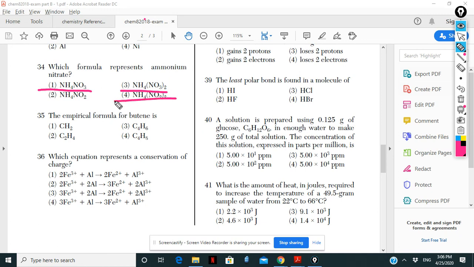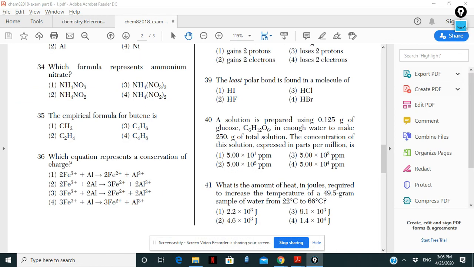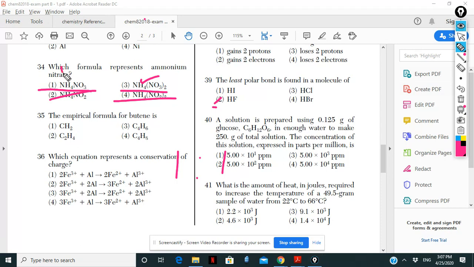I crossed out this one. The ammonium is positive 1 and nitrate is negative 1, so the ratio is 1 to 1. Which one has a ratio of 1 to 1? That's 1 to 1, that's 1 to 2, so that's the correct one. So the answer is number 1.